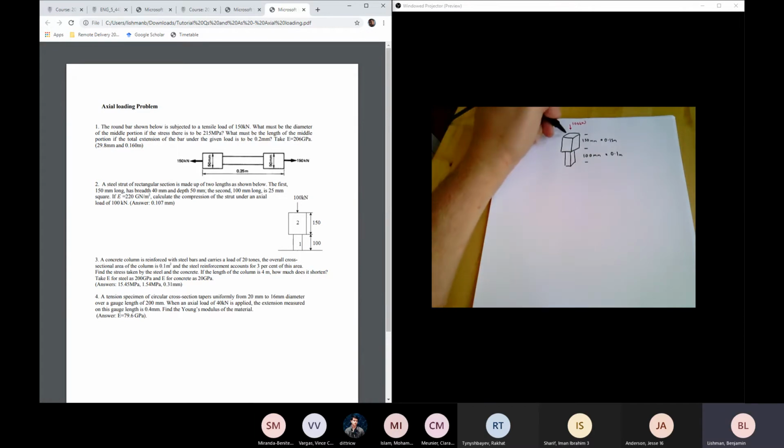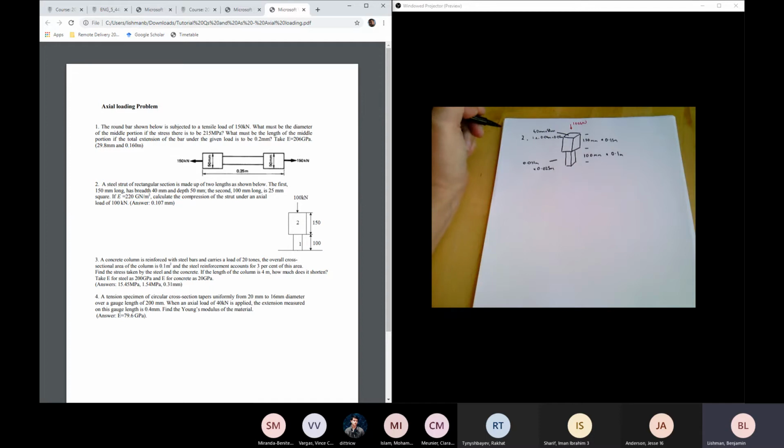And this one is 40 millimeters by 50 millimeters. It won't really matter which dimension is which. And that's 0.04 meters by 0.05 meters. And this one is 0.025 meters by 0.025 meters.